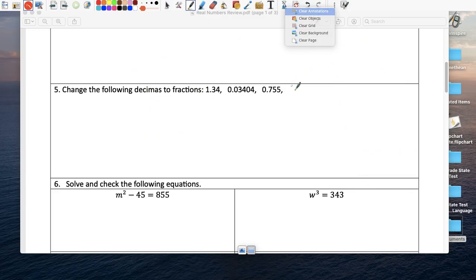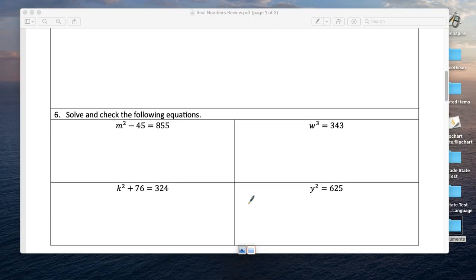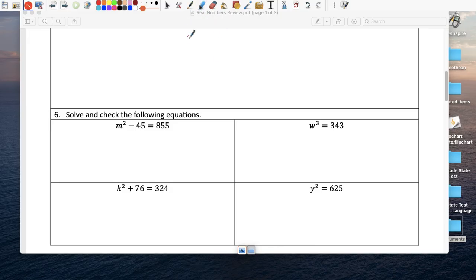Let's do the bottom one. I'll do the cube in a second. Actually, let's do all the square roots. So k squared plus 76 equals 324. We need to do minus 76 on both sides. Remember, there's a left side, right side. That goes away.